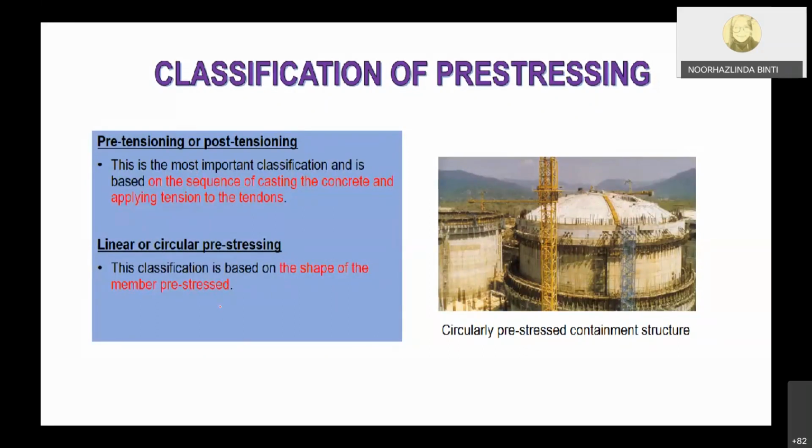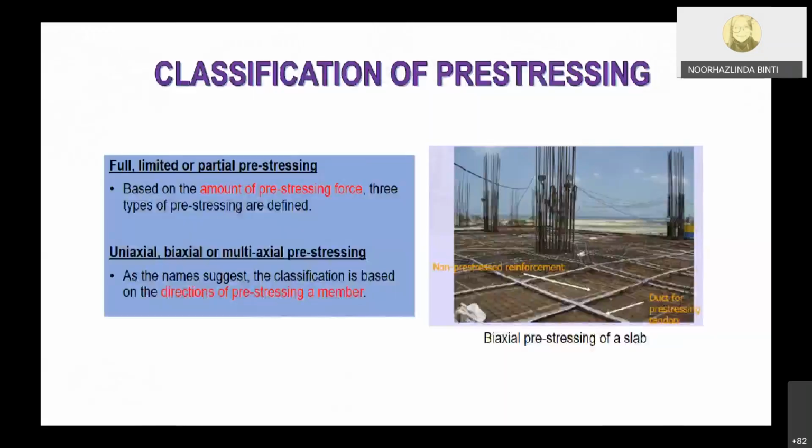Another way to classify the prestressing is either linear or circular prestressing. This depends on the shape of the structure that is being prestressed. I give you one example here: circularly prestressed containment structure. The next classification of prestressing is either full, limited, or partial prestressing, based on the amount of prestressing force.